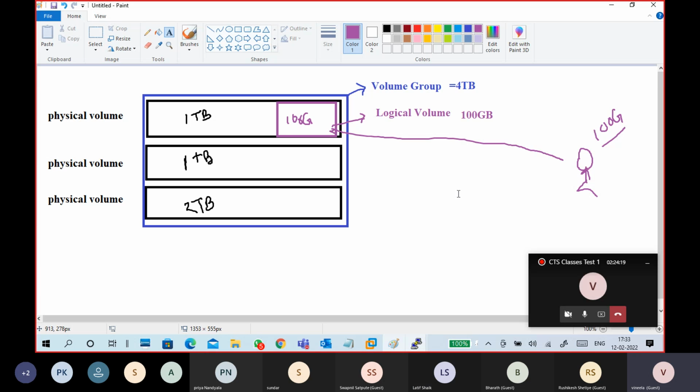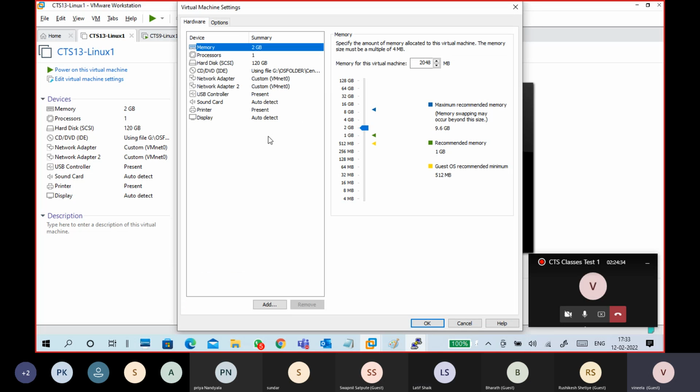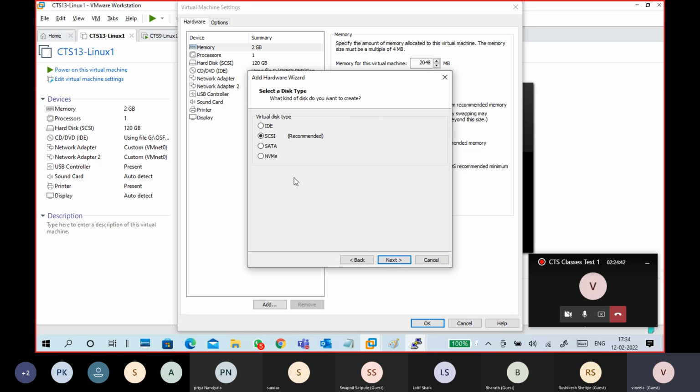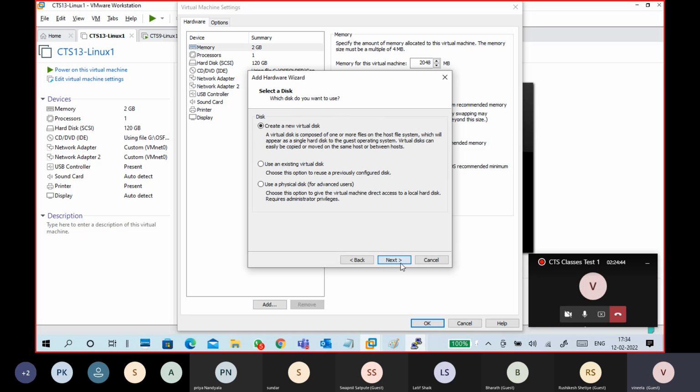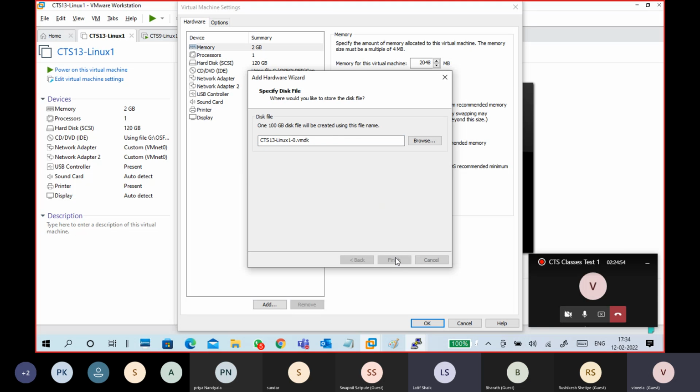So again, physical volumes. Is it shut down or not? Yeah. Guys, for this practical we need more hard disks, so I'm adding multiple SCSI hard disks. I am putting 100 GB, 200 GB, no problem.